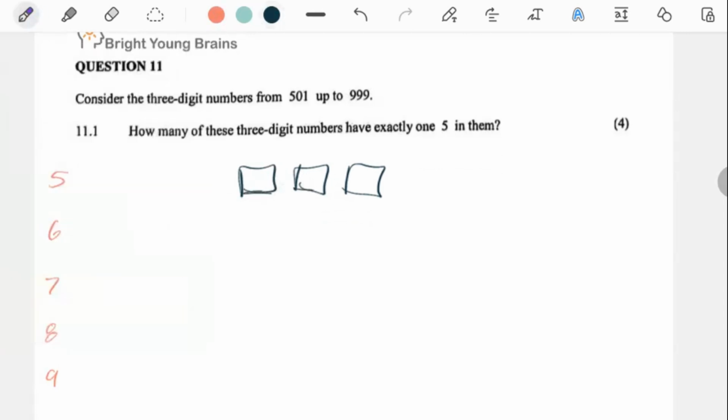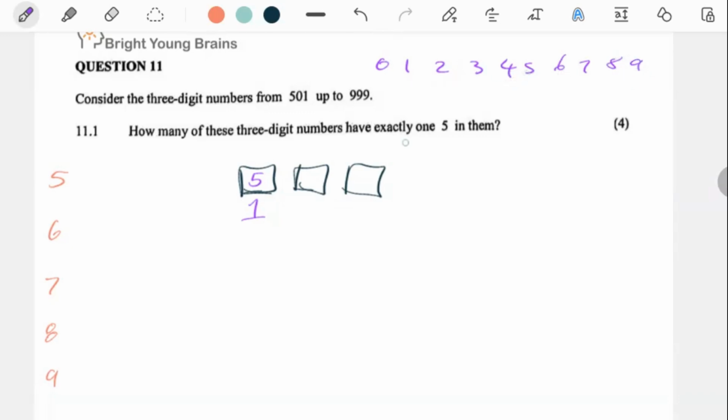All the numbers that start with the 5, there's only one option for this slot over here, which is going to be a 5. Now, the moment a 5 is placed over here, all these other digits cannot be 5s. So out of all the digits that we have, 0, 1, 2, 3, 4, 5, 6, 7, 8, 9, these are 10 options.